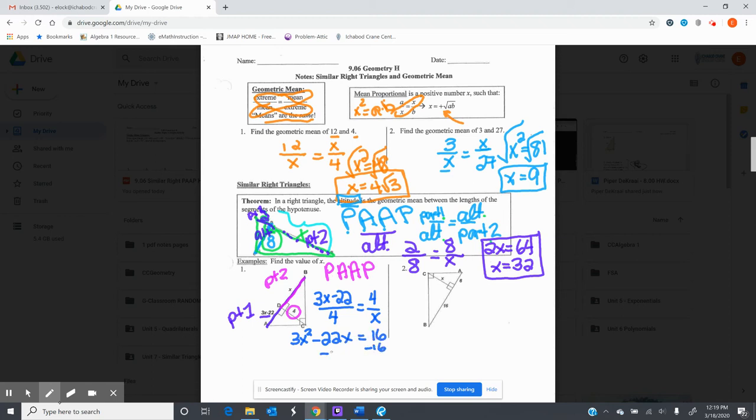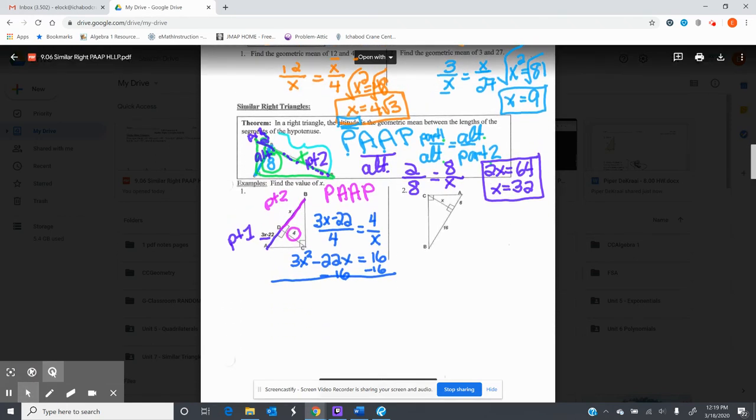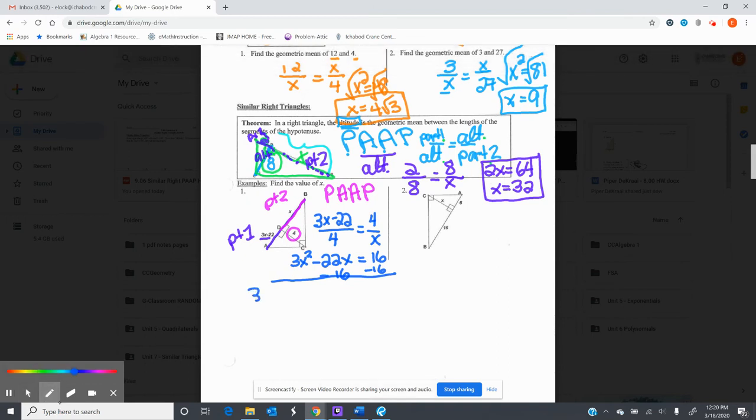Subtract 16 from both sides, and then we'd look to solve the quadratic. So we have 3x squared minus 22x minus 16 equals 0. And with our p's and c's, factoring, we would multiply our 3 times 16, which gives us negative 48.